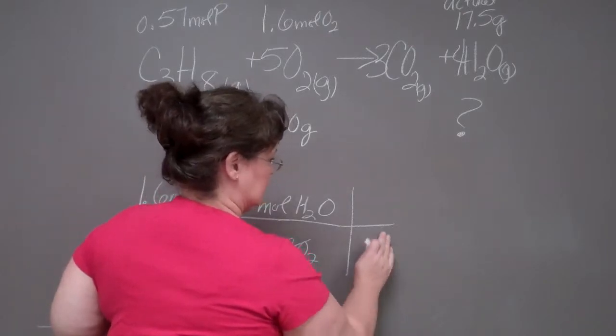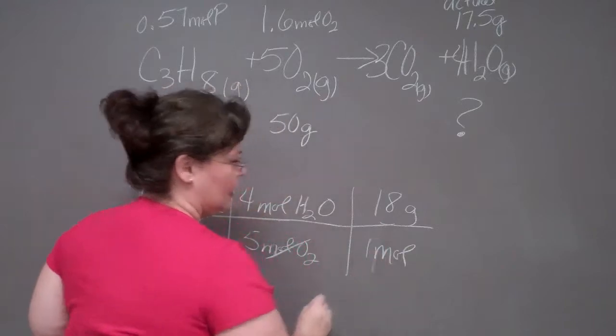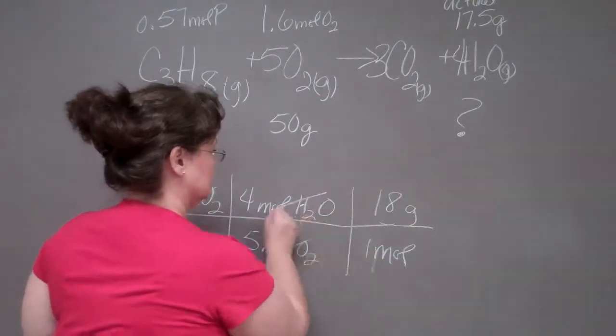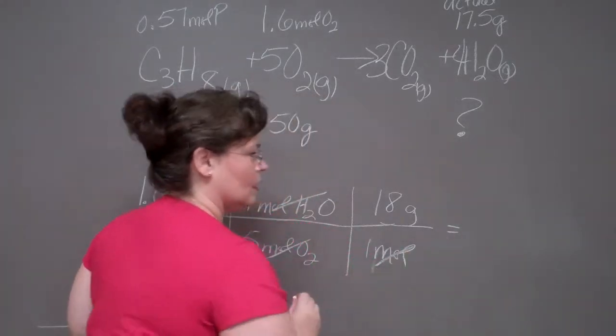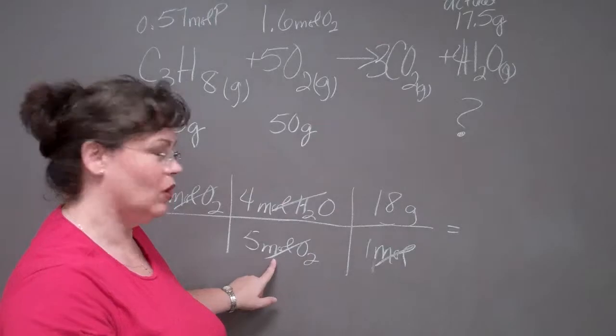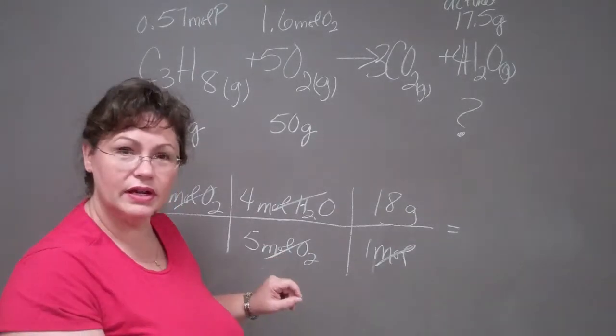Water has a molar mass of 18 grams per mole. So when we do this math, multiply on the top, divide by what's on the bottom, we actually get our theoretical yield.